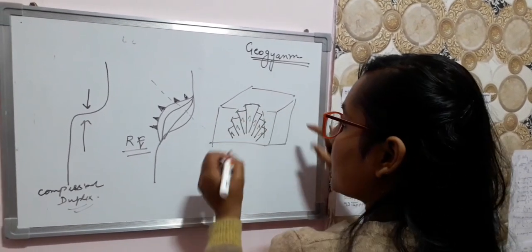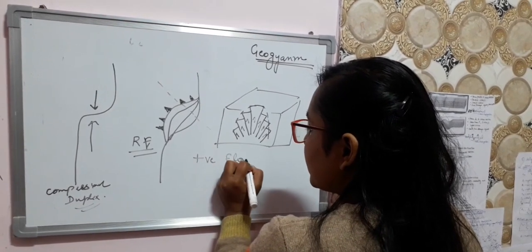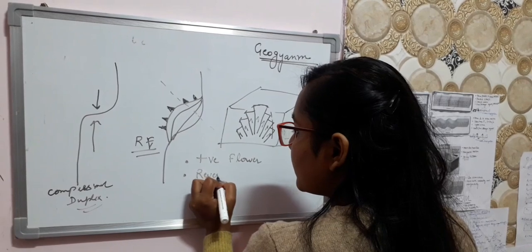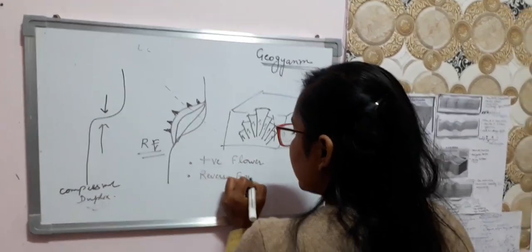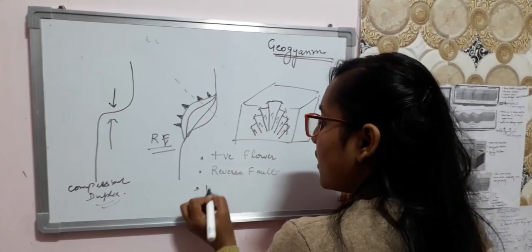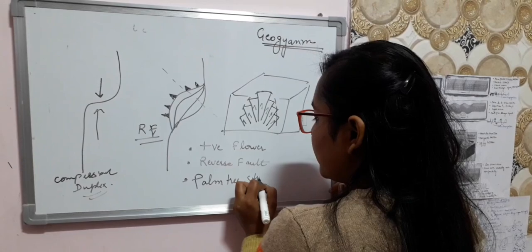So this structure is called a positive flower, along with reverse faults. Also, this structure is called a palm tree structure.